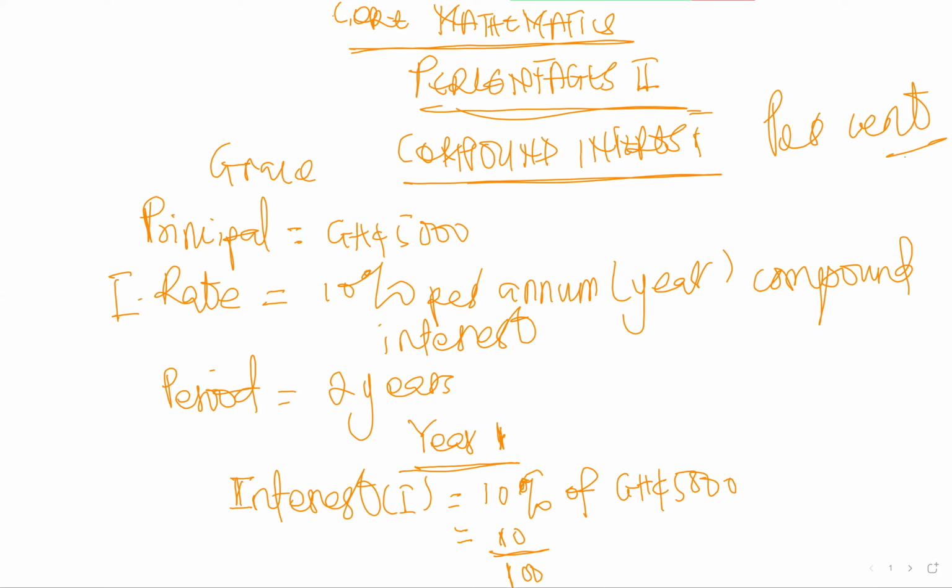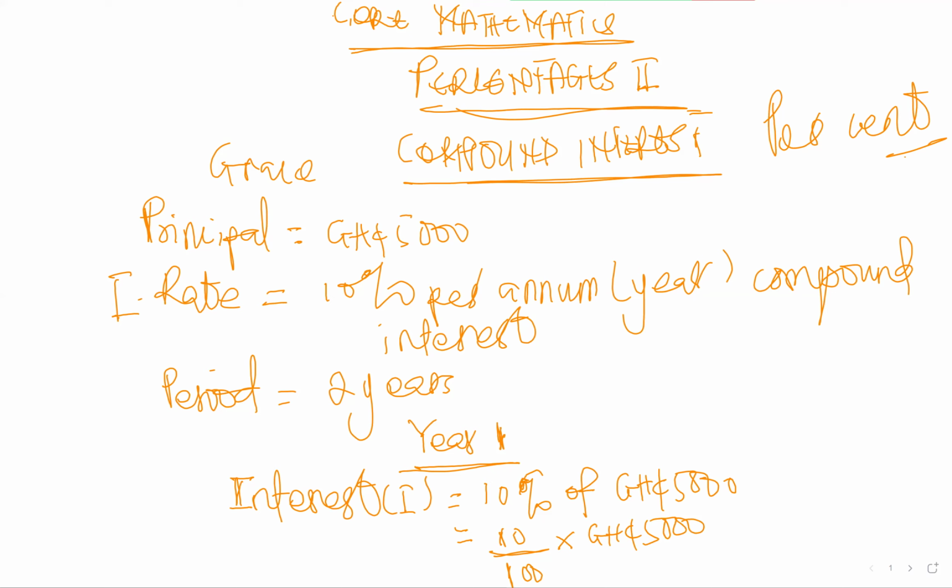So to eliminate it, it will be 10 over 100. Of in mathematics means times. So 10 over 100 of 5,000.